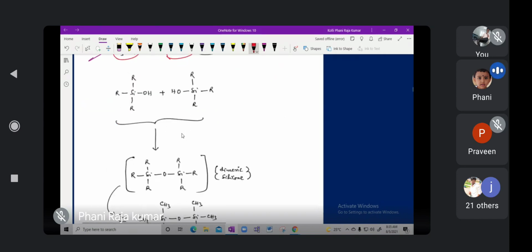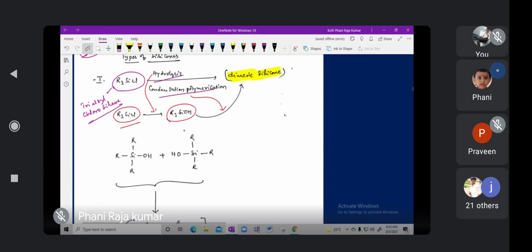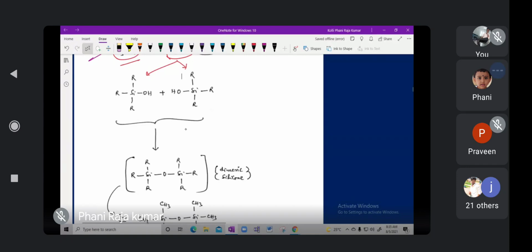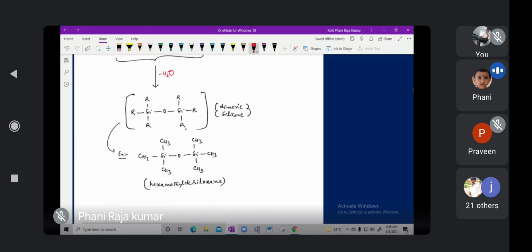Diagrammatically I am representing it like this. R3SiCl gives R3SiOH. Two molecules I am taking, and let us eliminate H2O. Then we get this type of silicone.